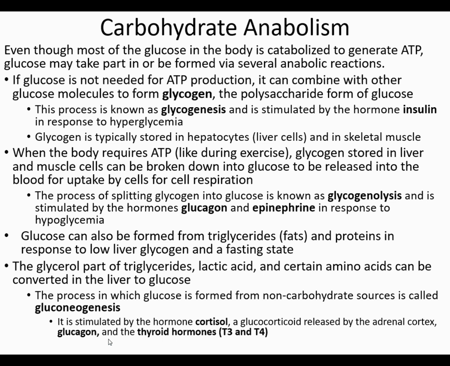Basically, we take a bunch of glucose molecules and we bond them together, and then we store it as glycogen in 2 major places: our liver, hepatocytes, and our skeletal muscle. This is what we do, like when we talked about carbo loading earlier in the semester. That way, later on, if you need to, you can take that glycogen and break it down into glucose, which then can be used to make the ATP.